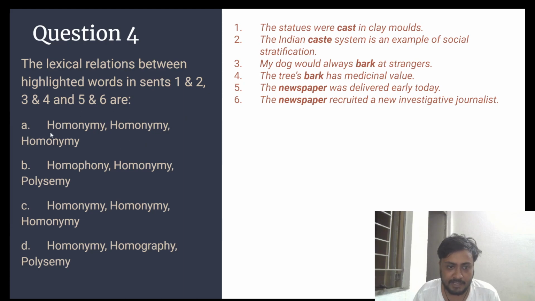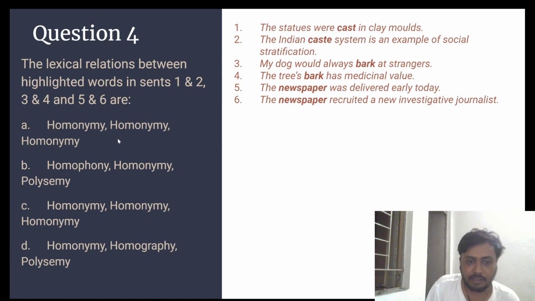So these are the options. A is all of them are homonymy. B is homophony, homonymy, polysemy. C is homonymy... sorry. And D is also homonymy, homography, and polysemy. So before we get into that, what are these different terms known as?